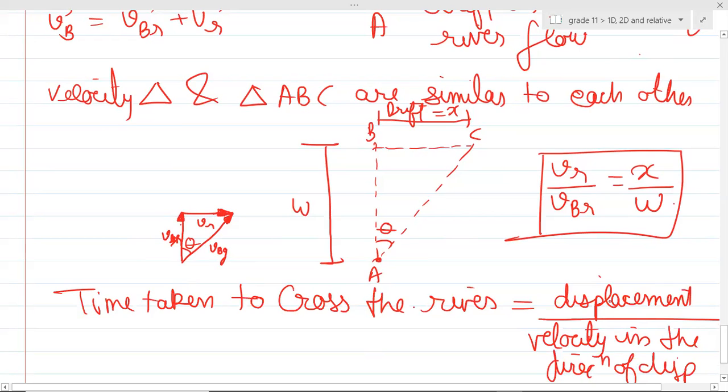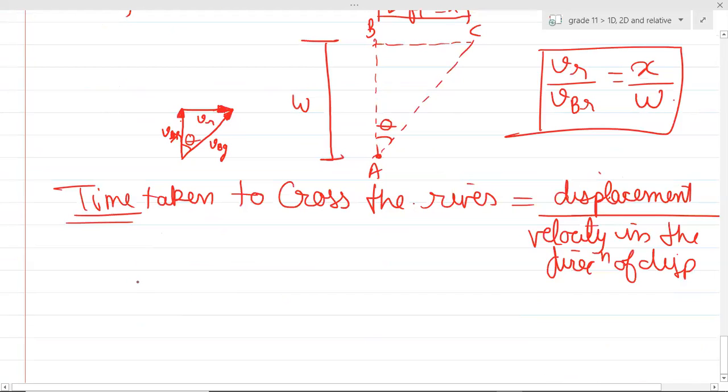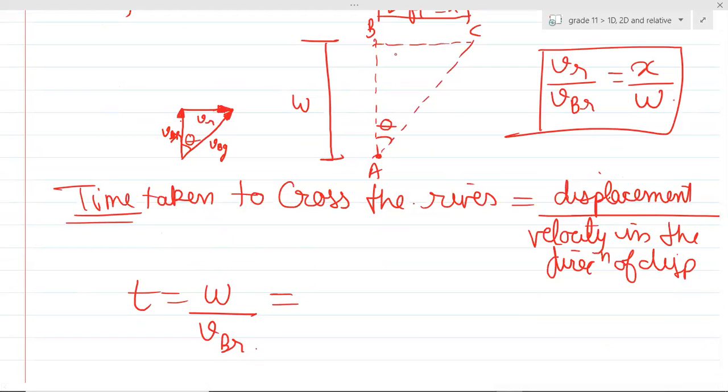So displacement upon velocity is basically the time, right? What is the displacement in the vertical direction, guys? The displacement in the vertical direction is W. And what was the velocity in the vertical direction? VBR. Similarly, what is the displacement in the horizontal direction?